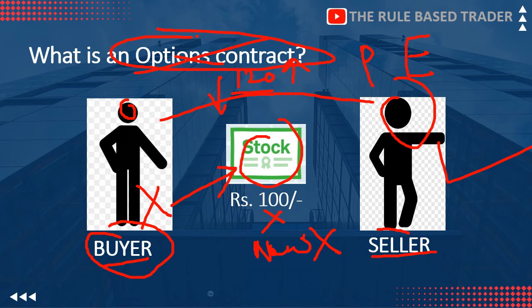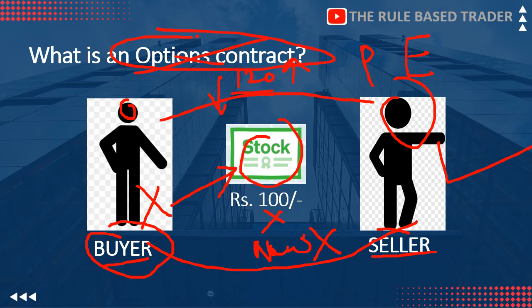Let me give you an example so that you will understand more deeply. The buyer comes into a contract with the seller which says the buyer has the right but not the obligation to buy the stock at 120 rupees within the next 7 days or by the expiration date.